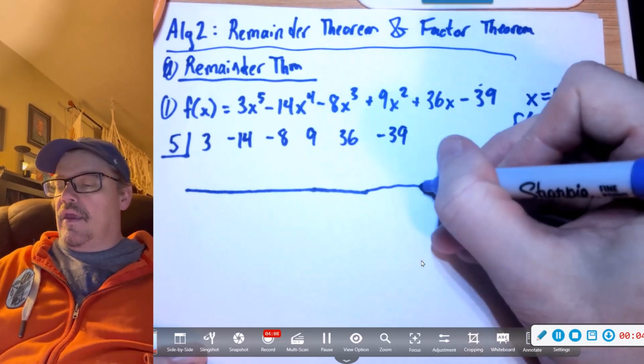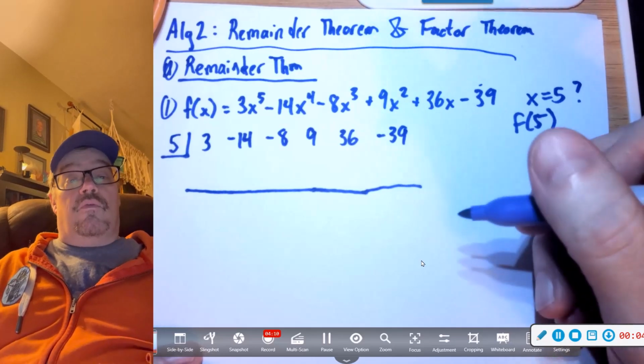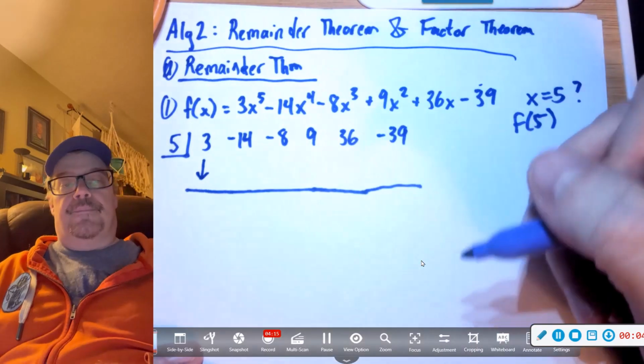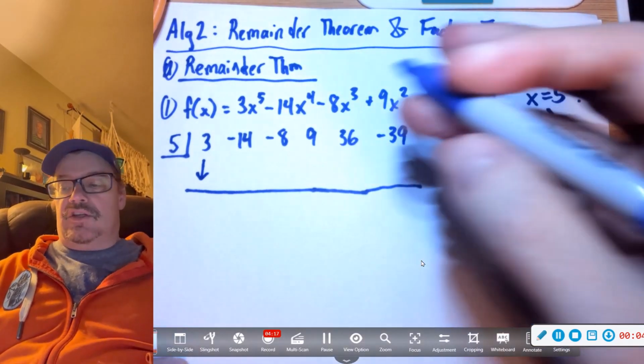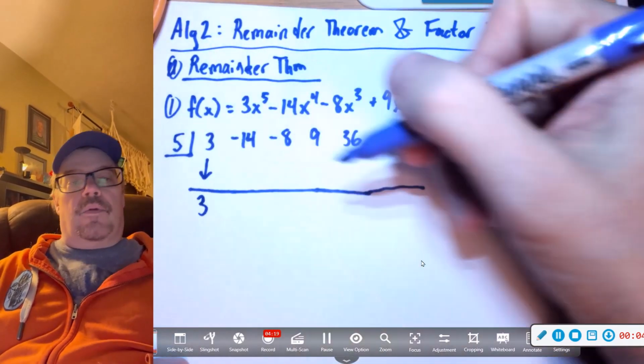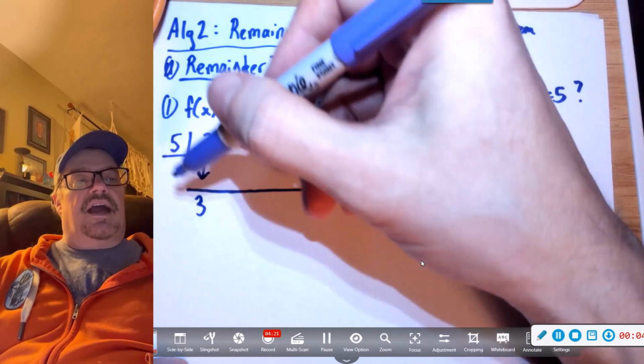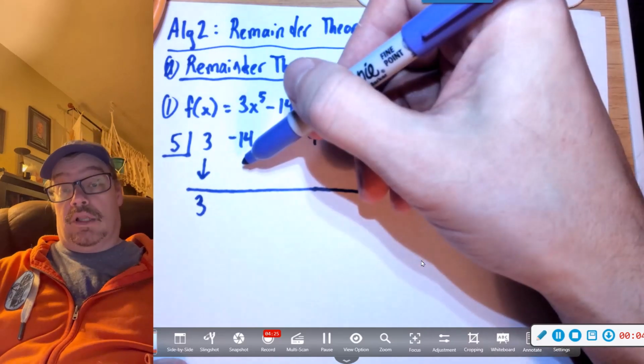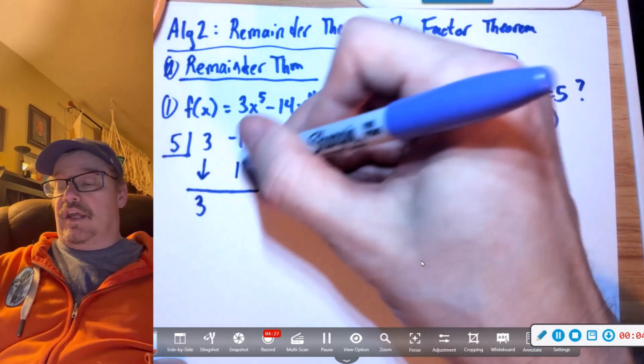Now, the remainder theorem says that if I perform synthetic division here, I drop the 3. Then I multiply this by this, and it bounces back up over the line. So now this becomes 15.